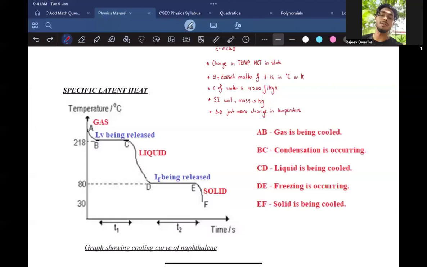Okay, you had to label everything. You had to put gas, LV being released, liquid, all that. Yeah, I found my pen, so I'm going to do it now.